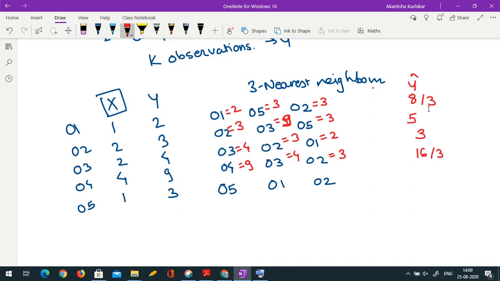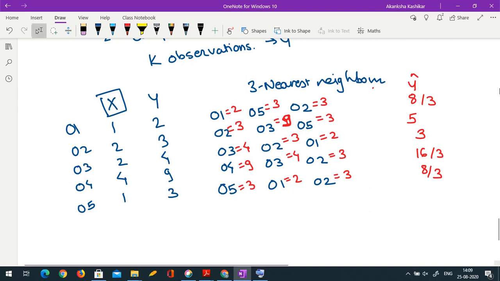Then for O5 prediction is 3. For O1 it is 2. And for O2 it is 3. So average is going to be again 8 by 3. So these are my y hats for the training data. You can see easily that even in the k nearest neighbor regression setup, training error would be 0 if you are in the 1 nearest neighbor setup.